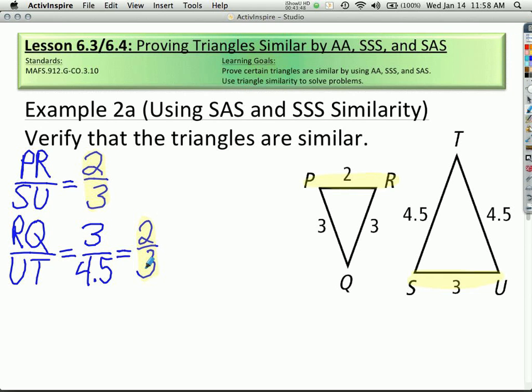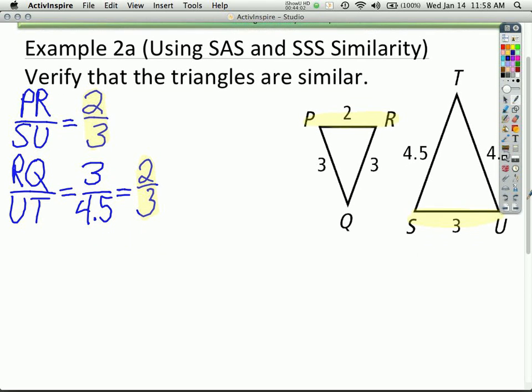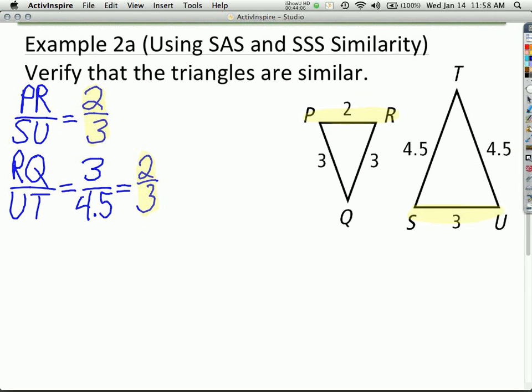So we need the last pair of corresponding sides. Last pair of corresponding sides is what? Alexander? Good. PQ and ST. And I love how you got the letters in the right order. That was excellent.